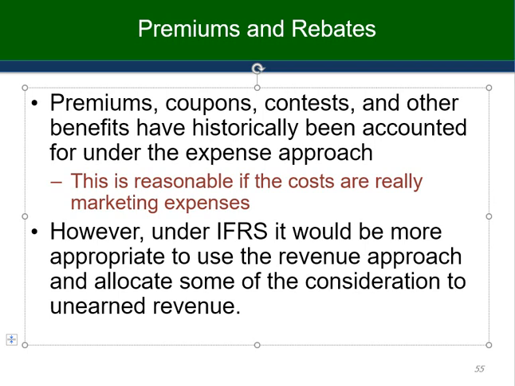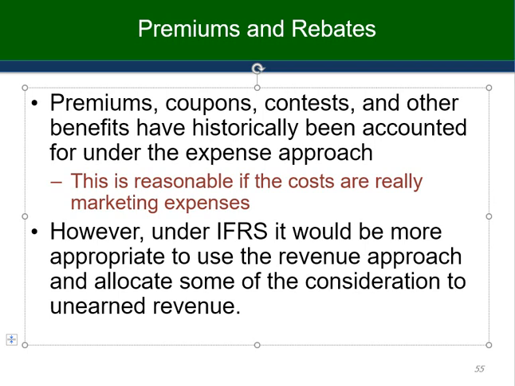On the other hand, IFRS 15 and the predecessors to IFRS 15 suggest it's more appropriate to use the revenue approach. So figure out what the related revenue is. You set up the value of the future premium, whatever the payment of the future award is going to be, and record it as unearned revenue until such time as the request is actually made.